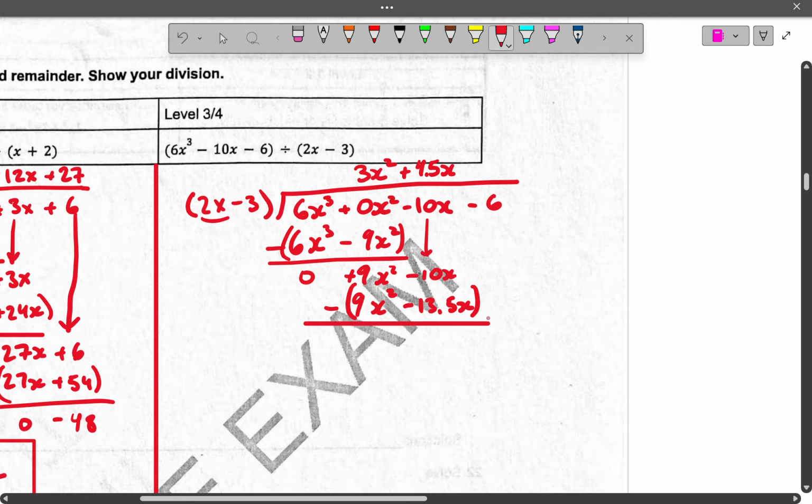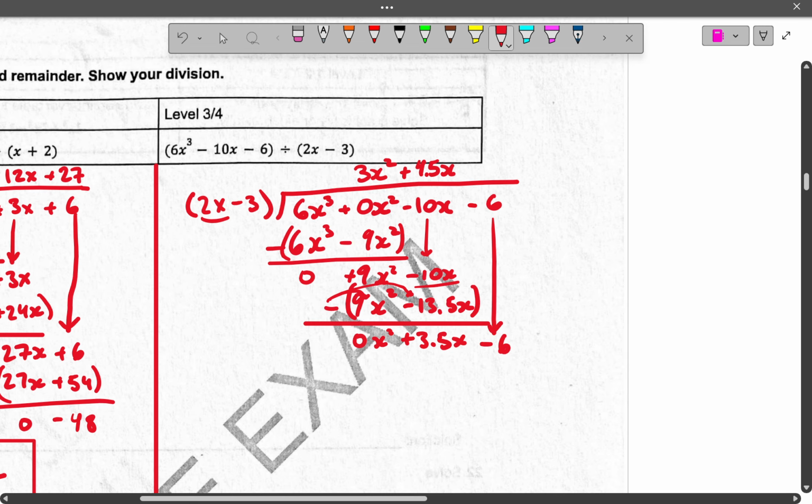So positive 9x, and I can have minus 9x will be 0x squared. And then we have negative 10x, and then a negative times a negative will be plus 13.5x, which will leave me with plus 3.5x. And then, like before, take down the last part.